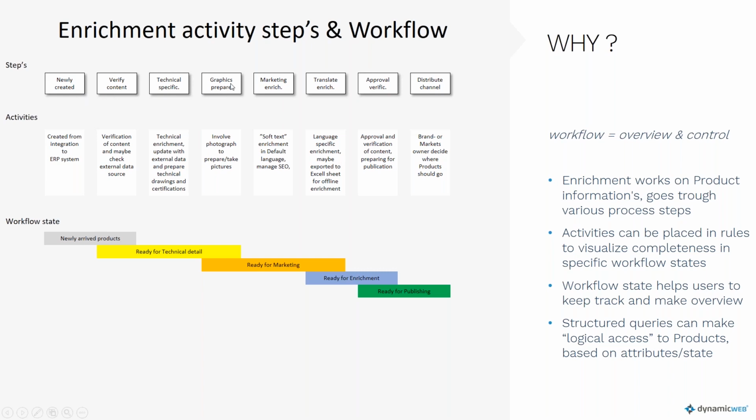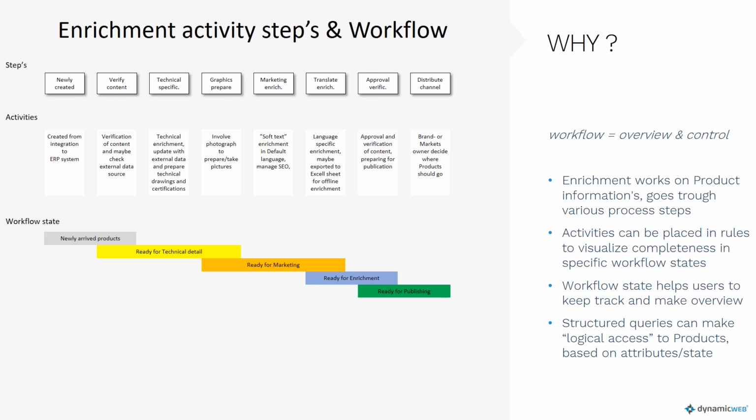At the top, you can see I have these 8 activity steps, starting with newly created. That means it may be created from the ERP system. Then verify that the content and the information from the ERP system are correct and complete. Then you can start adding technical specifications and graphics, which could be drawings or product images, and then go through more marketing-related steps.